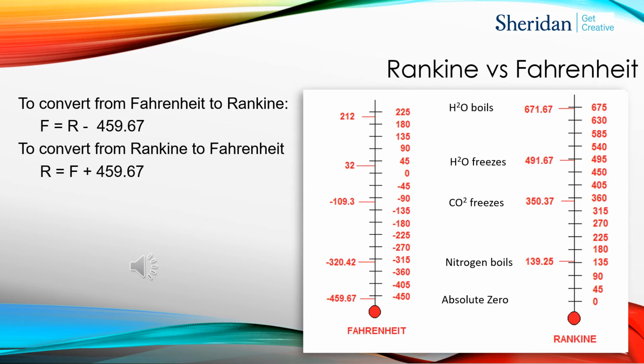On the Rankine scale it's 491.67 degrees. To convert from Fahrenheit to Rankine, degrees Rankine is equal to Fahrenheit plus 459.67, and to convert from Rankine to Fahrenheit, degrees Fahrenheit is equal to Rankine minus 459.67.